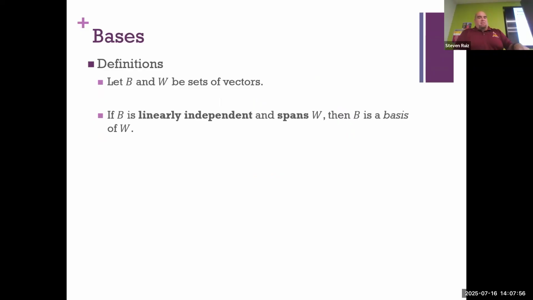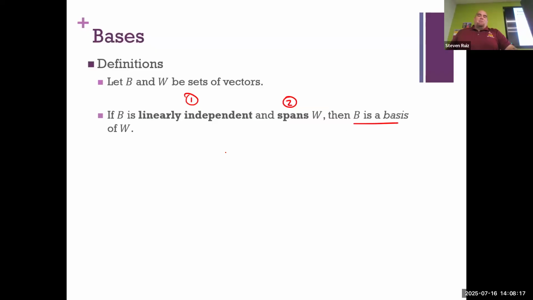So if you have a set of vectors, B is a smaller set of vectors, W is a larger set of vectors that's the span of B. So those are the 2 conditions here. Is it linearly independent? Does it span the larger space?